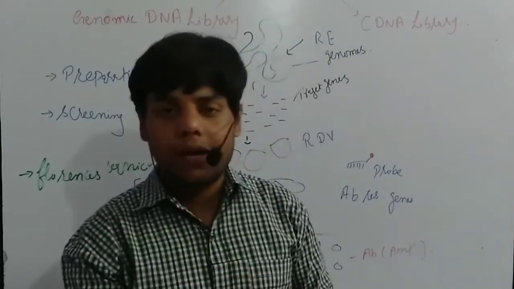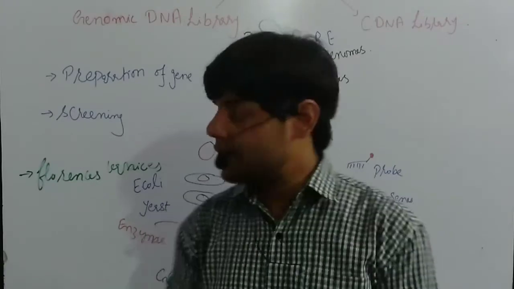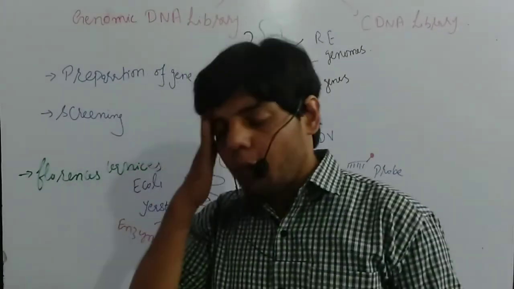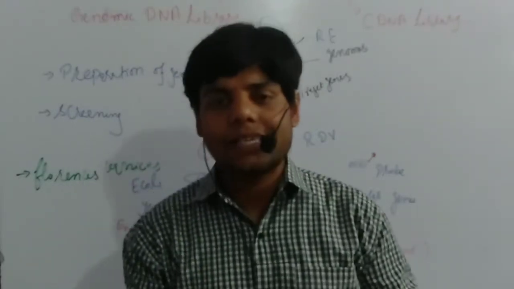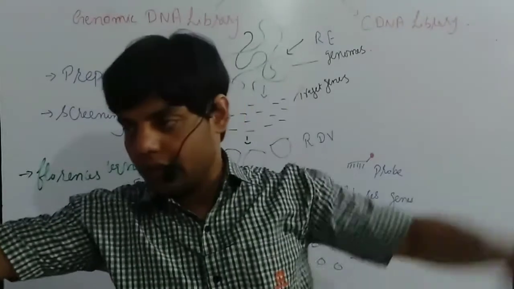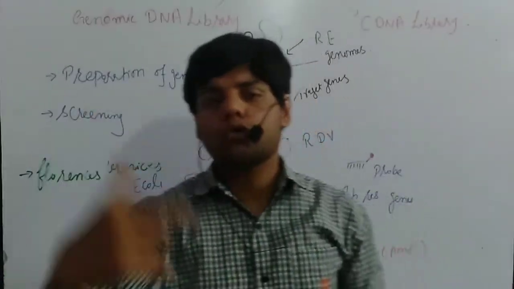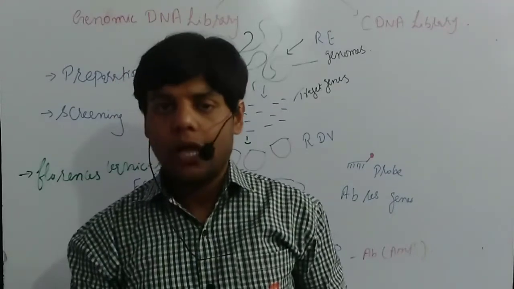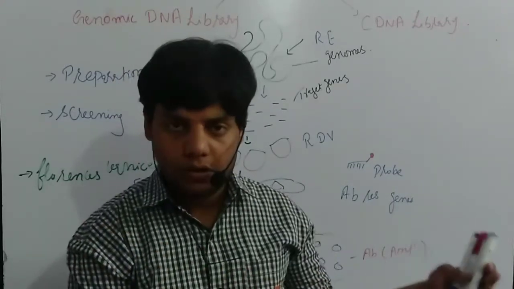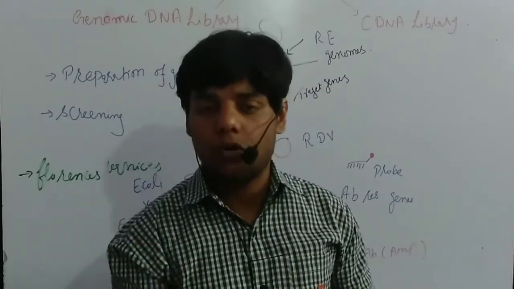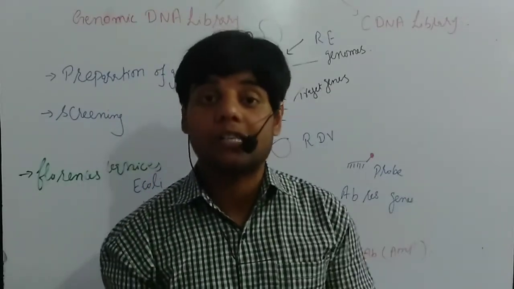Let me explain the importance of the genomic library with the help of an example. Let's say there is a huge bookshop in the market, and you go to the market and you want to select specific books: a book of chemistry, biology, physics, environmental science.